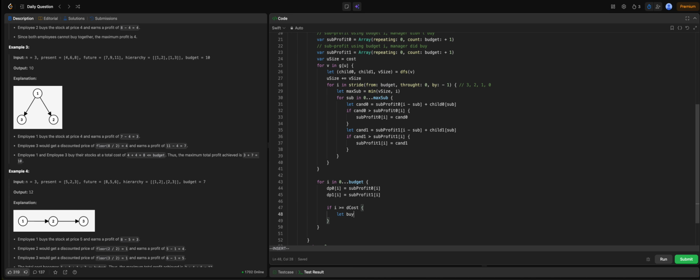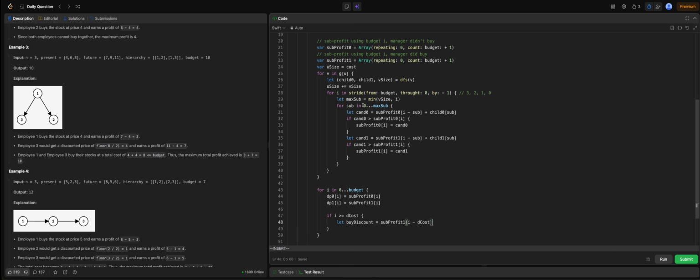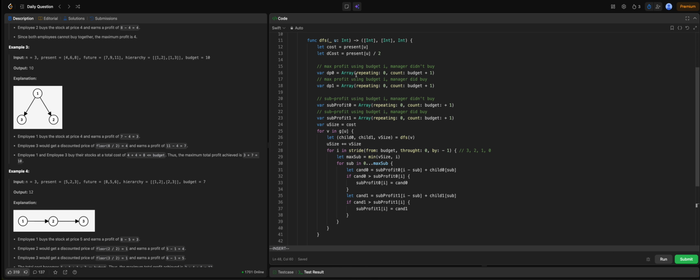So if the budget is within the range, we can do the discount with the sub profit of 1 being the index minus discount cost. The discount cost in here is just a value.